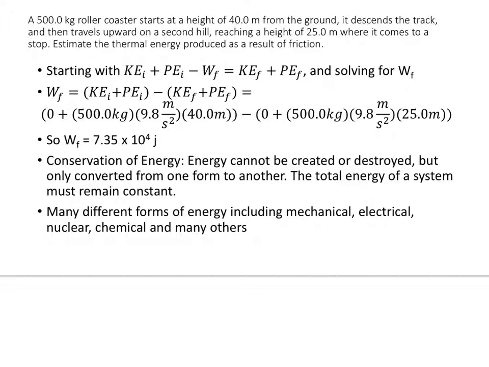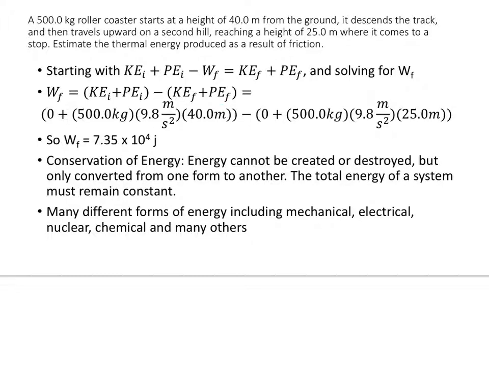So we start out with the same equation that we used in the last slide, and we want to solve for the work due to friction. So the work due to friction is equal to the initial kinetic plus the initial potential minus the final kinetic plus the final potential.